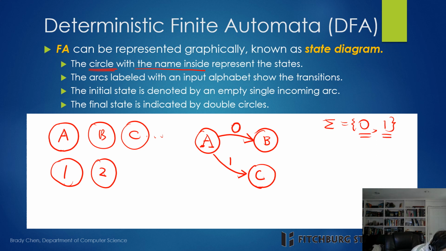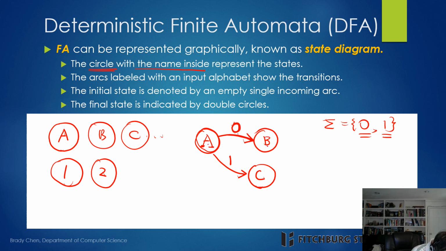So the label could be 0, coming originally from the state A, and the label 1 originally from the state A. And then, based on the current state A and the label, we uniquely define what the next state is, which is B.